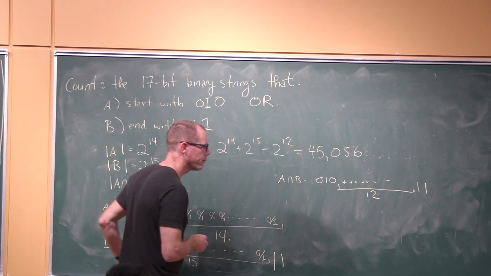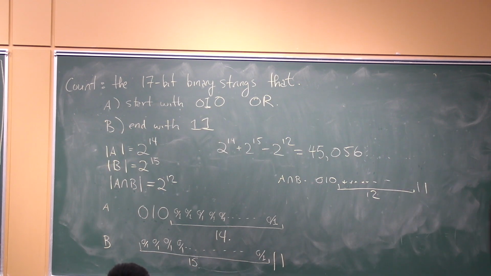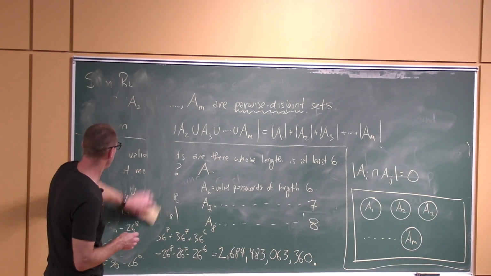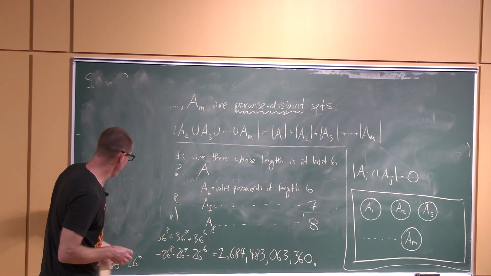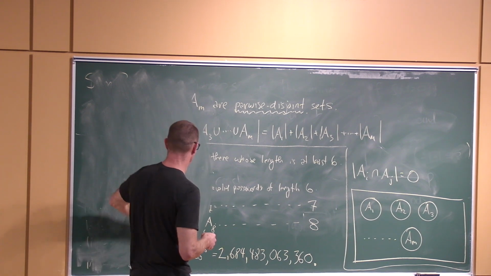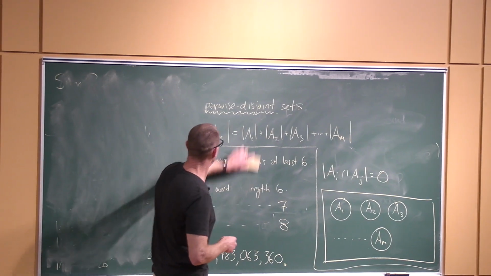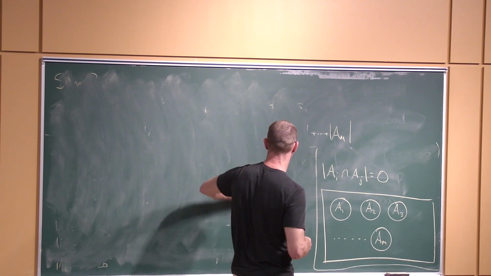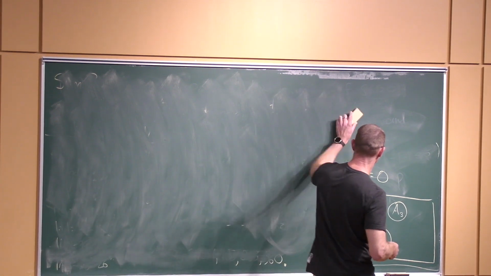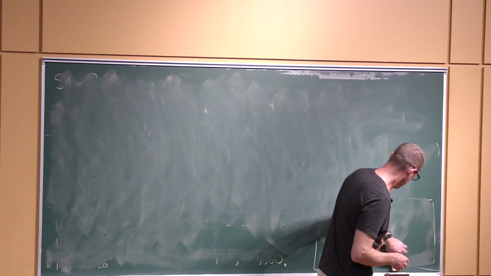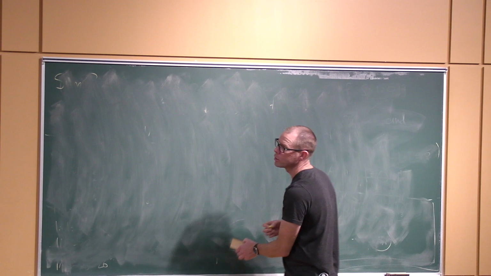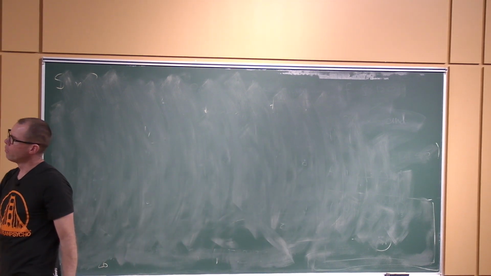So we're done with the sum rule for now. Let's try this principle of inclusion-exclusion for 3 sets. And since we've already done some of the work, we can just make this question a little bit harder.